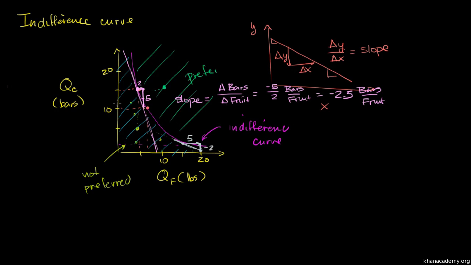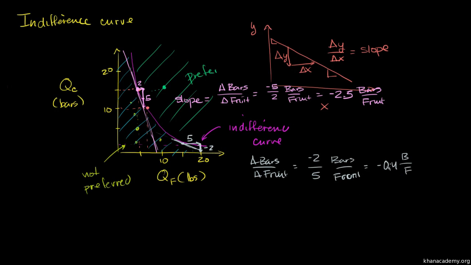So once again, the slope is the change in the vertical axis over the change in the horizontal axis. So over here at this point, your change in bars over your change in fruit is going to be, well, you're going to give up 2 bars for every 5 fruit. Bars per fruit. So this right over here is negative 0.4, I'll say B for F.